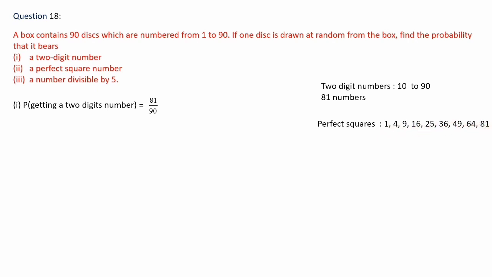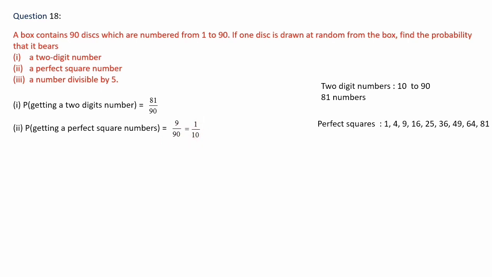Up to 90, the last square number is 81. So total 1, 2, 3, 4, 5, 6, 7, 8, 9. The favorable outcome is 9 and the total outcome is 90. So the probability of getting a perfect square number is 9 divided by 90, that is 1 divided by 10.